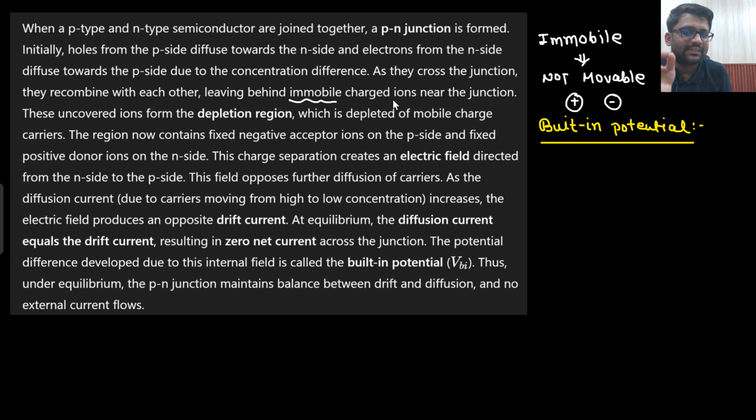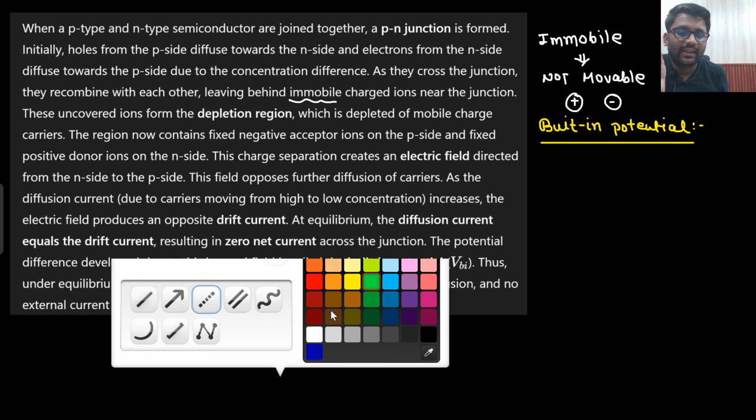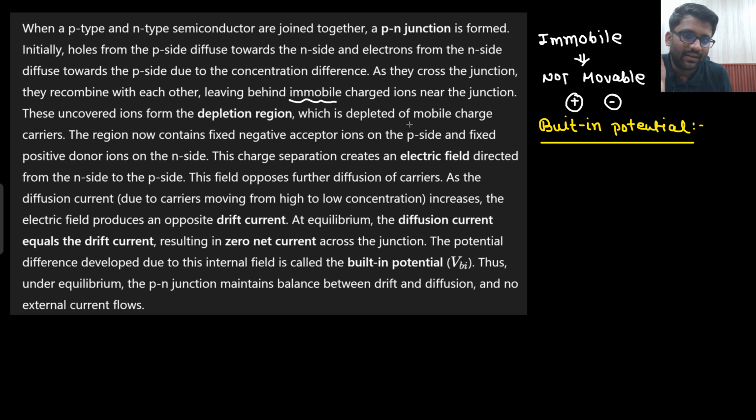So immobile charged ions near the junction, these uncovered ions form the depletion region, which is depleted of mobile charge carriers. What is the meaning of mobile charge carriers? Electrons and holes. So electrons and holes are not present. Positive ions and negative ions are present, but this electron and this hole are gone.